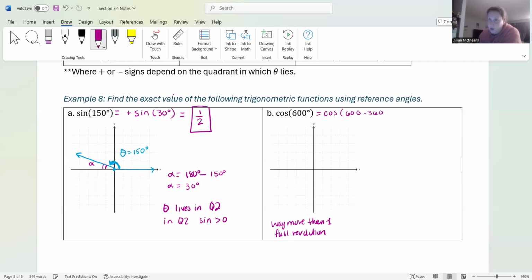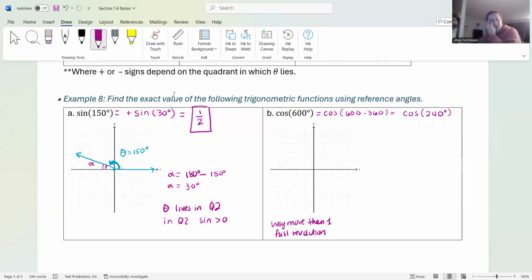We can go ahead and take off one full revolution, okay? So that tells me that cosine of 600 degrees is equal to cosine of 240 degrees. Now, 240 is a little easier for us to draw. So remember, 600 degrees and 240 degrees have the same terminal side, meaning they're coterminal, okay?